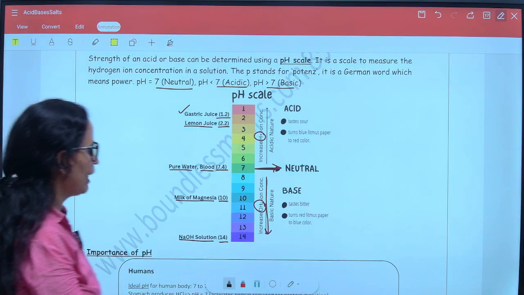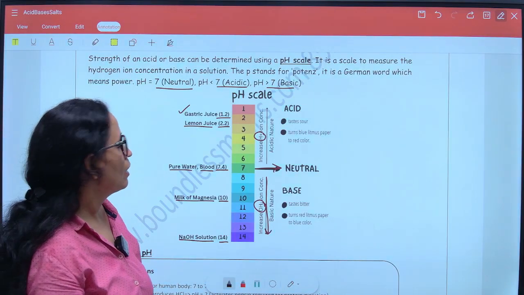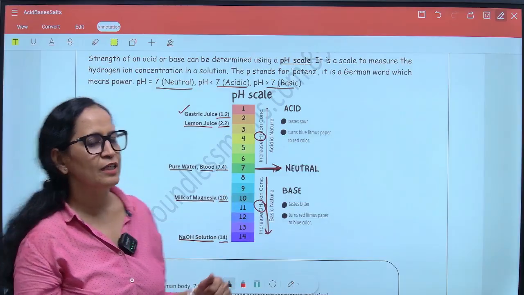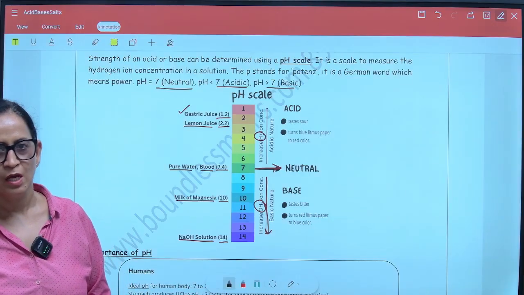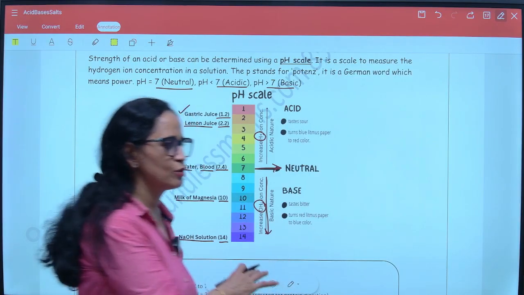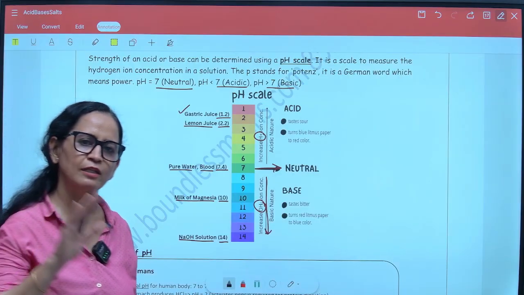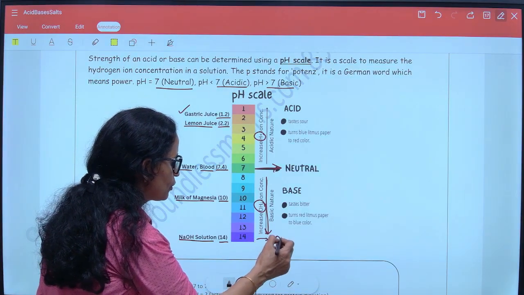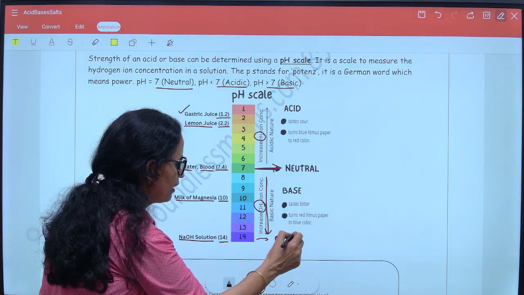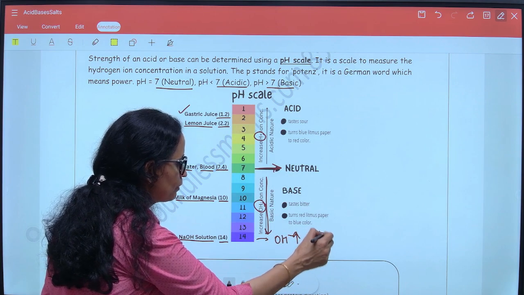Now if you have an aqueous solution of an acid or a base in water, that does not mean that it will have only H plus ions or only OH minus ions. There will always be some concentration of OH minus and H plus both existing together. For bases, the concentration of OH minus ions will be very high, whereas the concentration of H plus ions will be very low.